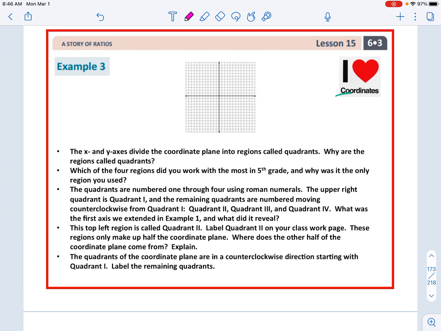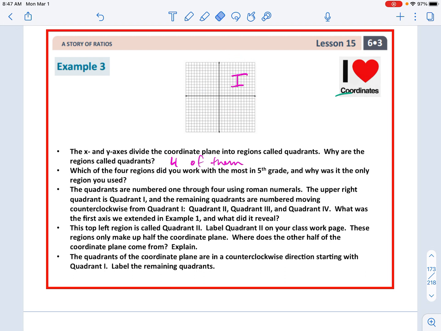Example 3 says the x and y axis divide the coordinate plane into regions called quadrants. Why are the regions called quadrants? Well, there are 4 of them. Which of the 4 regions did you work most in 5th grade? In 5th grade, mostly you used quadrant 1.